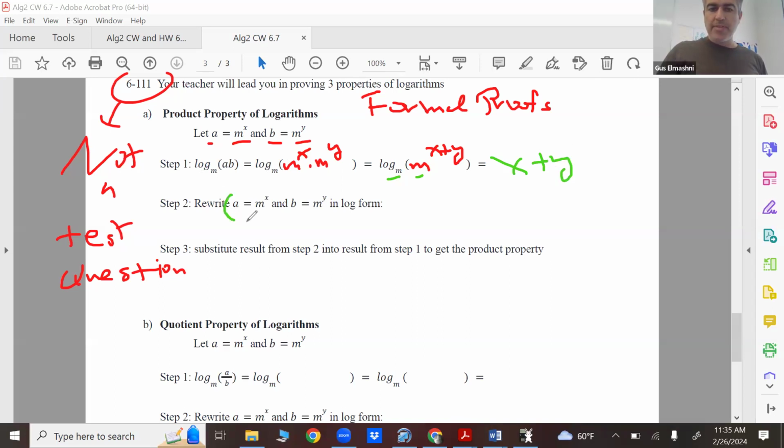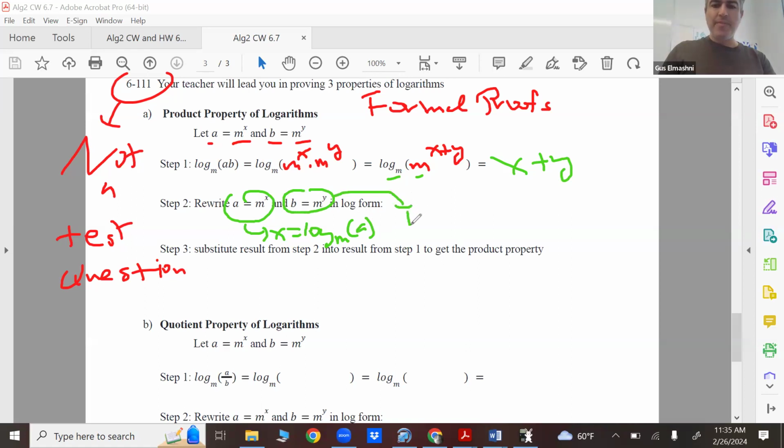If you rewrote this, you can say x equals log base m of a. And if you rewrote this, you say y equals log base m of b. Oh my goodness, I can't believe I did that. Sorry, guys. The base is m, not a.